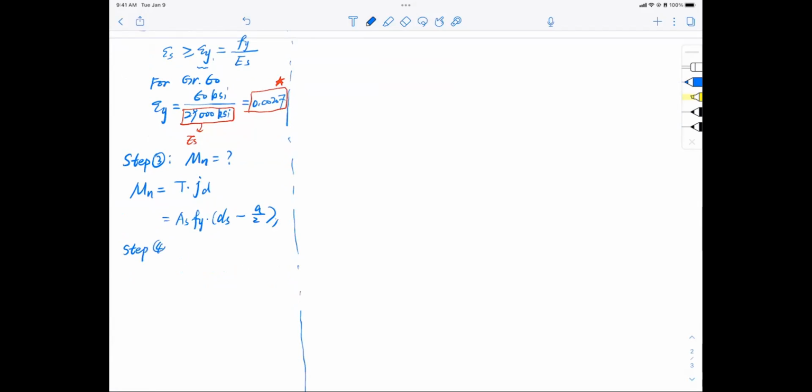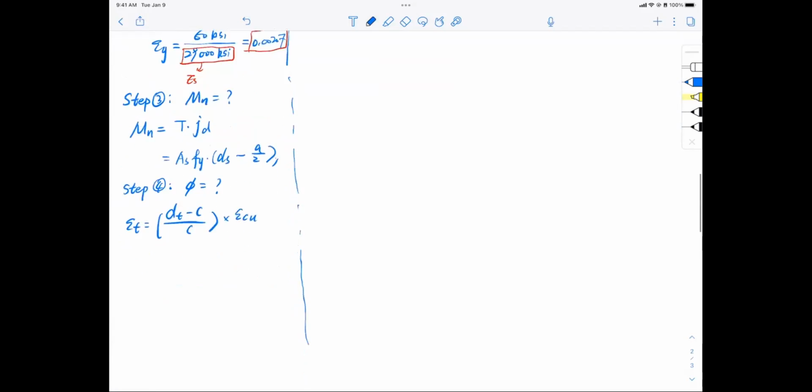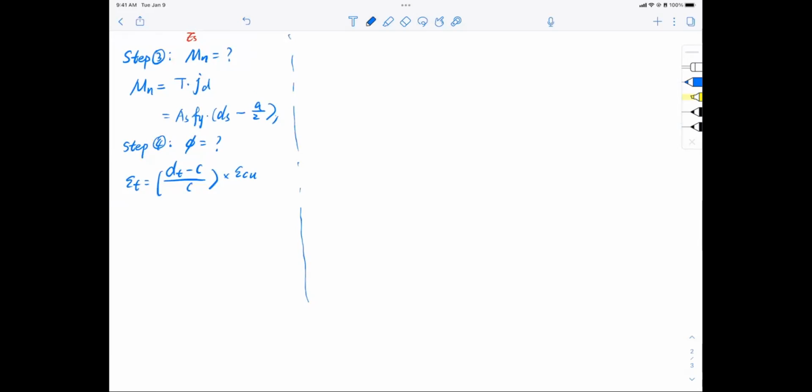Okay, and now you find Mn, which is pretty happy, and then you say, look, I still need to find out the strength reduction factor phi, and that is dependent on the strain in the steel. So how do I know? The strain is epsilon t equal to dt minus c over c multiplied by epsilon cu, and that is the strain for the last or most stretched reinforcement.